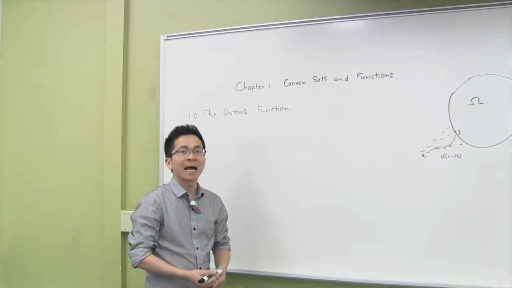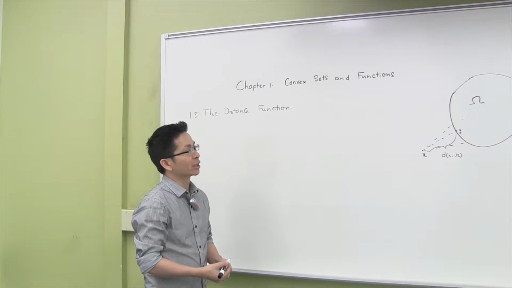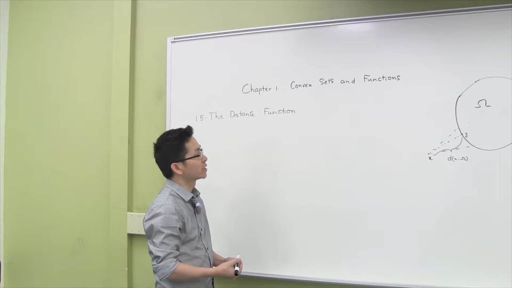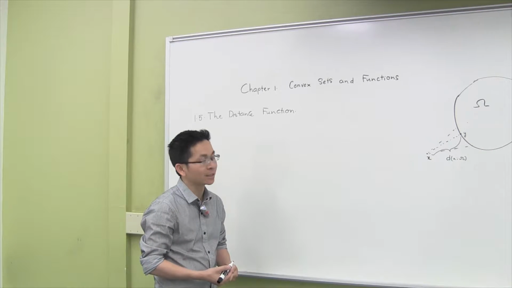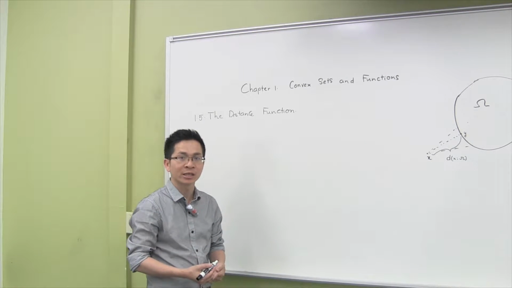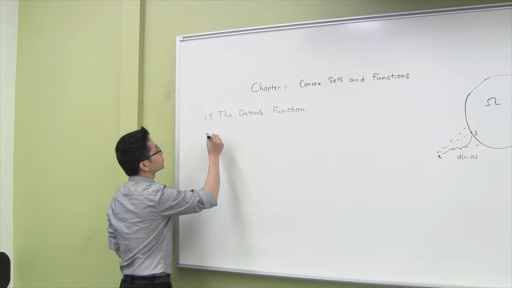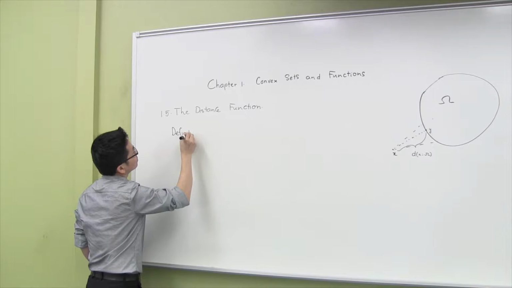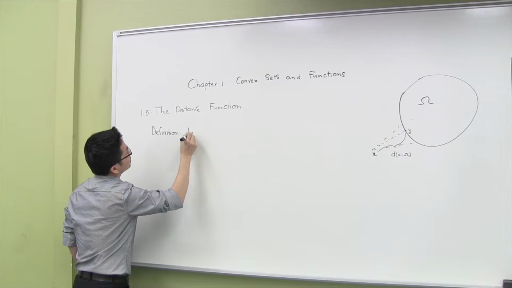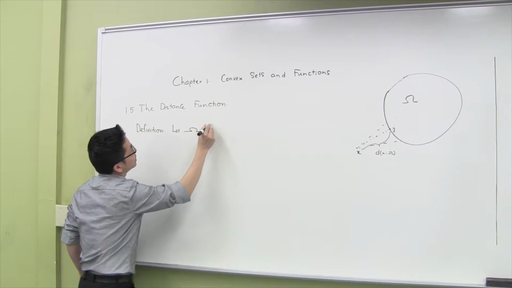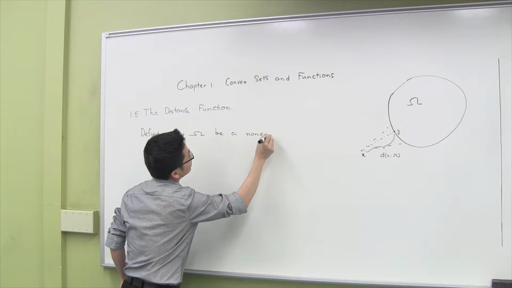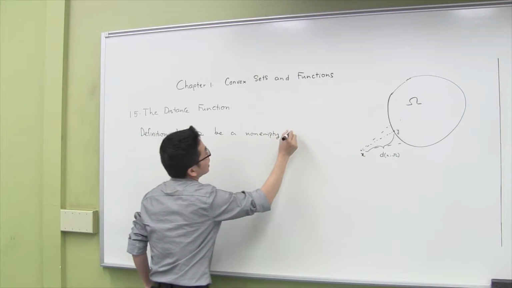In today's lecture, I'm going to talk about a very important class of functions in convex analysis called the distance function. So let me go ahead and give the definition of the distance function. Let omega be a non-empty subset of Rn.